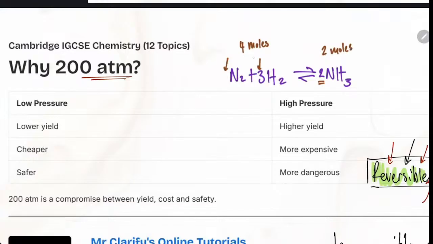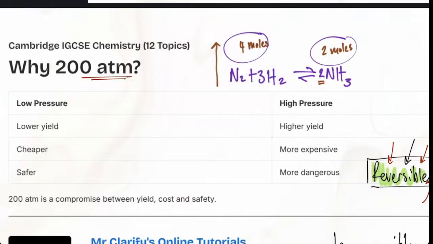So, what happens if we increase pressure? Should the equilibrium agree with us, or should it fight us? What does equilibrium do when you change something? It fights you, right? So if we increase pressure, it must fight us by going where there is less, to try and decrease the pressure.